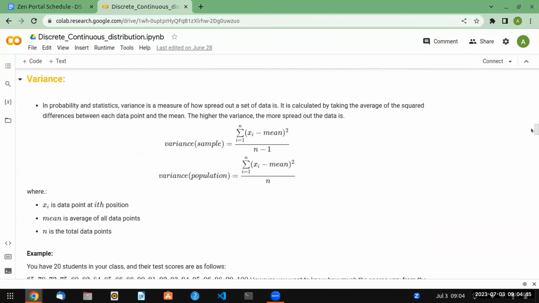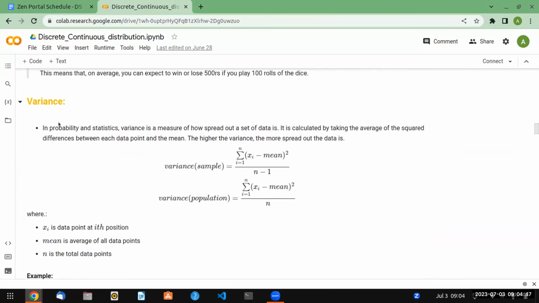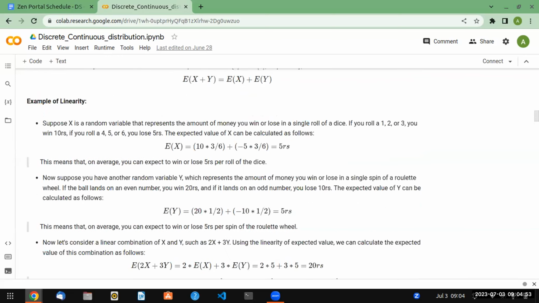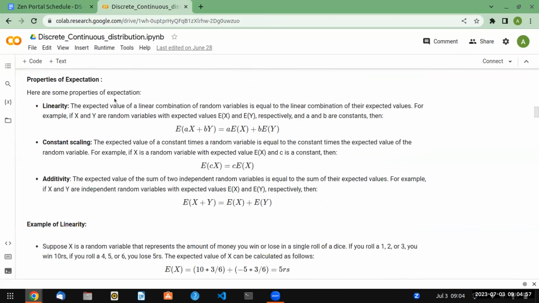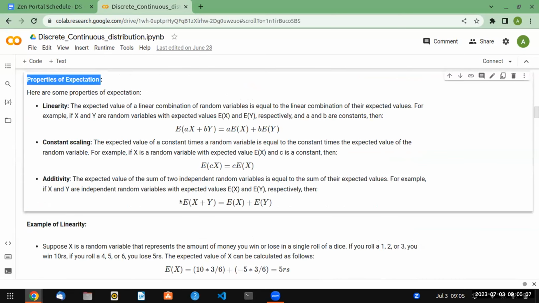Constant scaling, variance. Guys, have we covered variance? No, Ashish, variance was not covered, I'm saying. So I think this properties of expectations we covered, right?